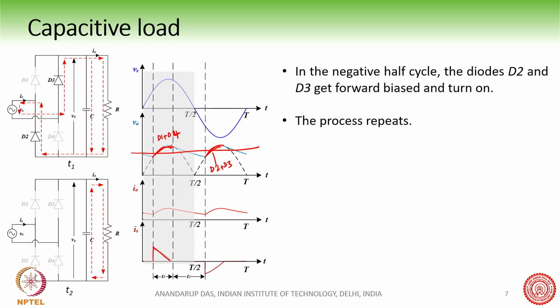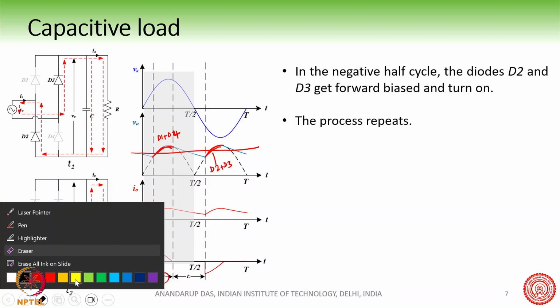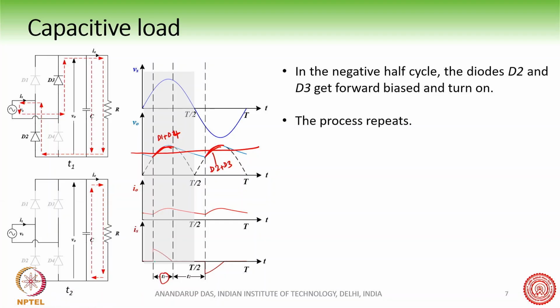If T1 becomes very small as compared to T2, then the input current will be like this, and it can be like this also, very sharp. So this is a big problem.